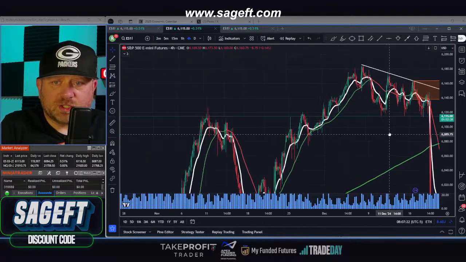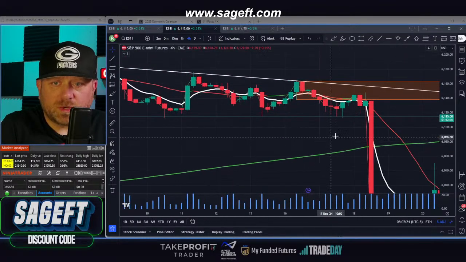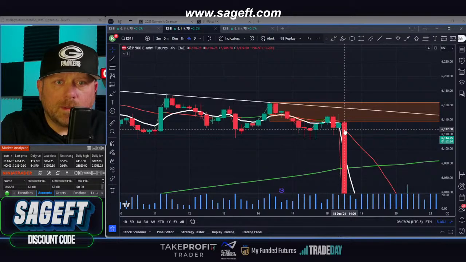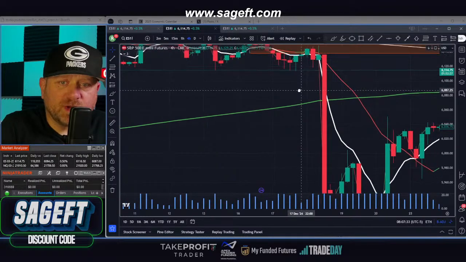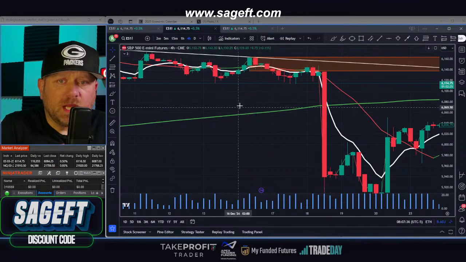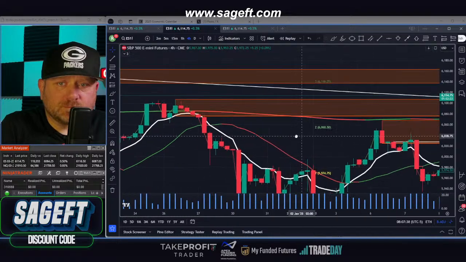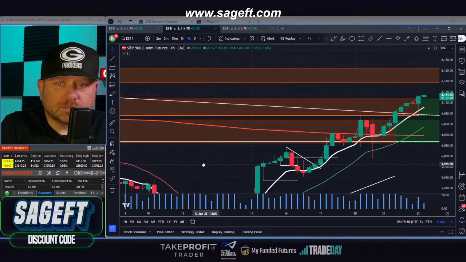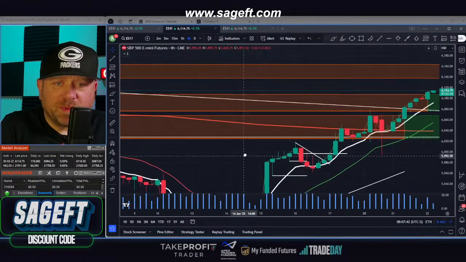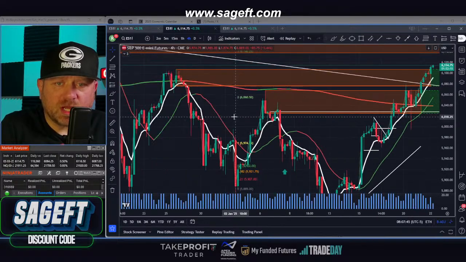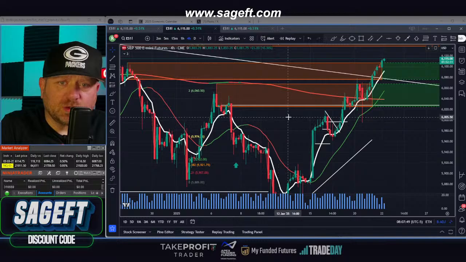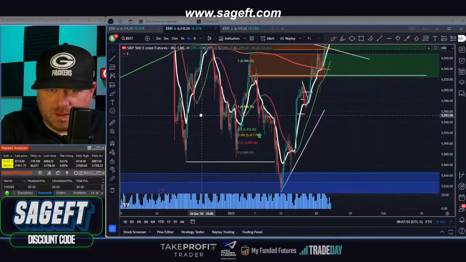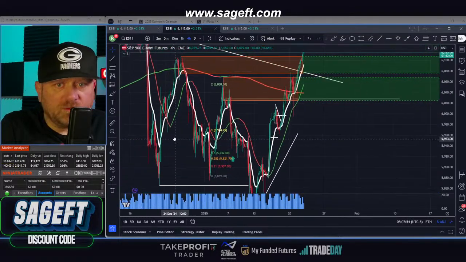So we're going to watch this level right here, 6136. See the open of this large red candle? We will be watching that as we push back through the breaker blocks that were giving us the signal that we could be forming an inverted head and shoulders.